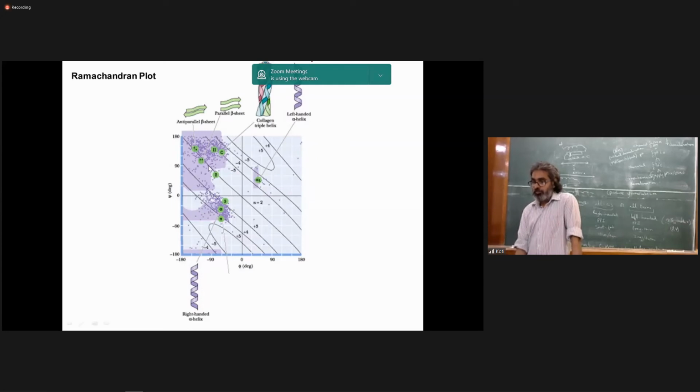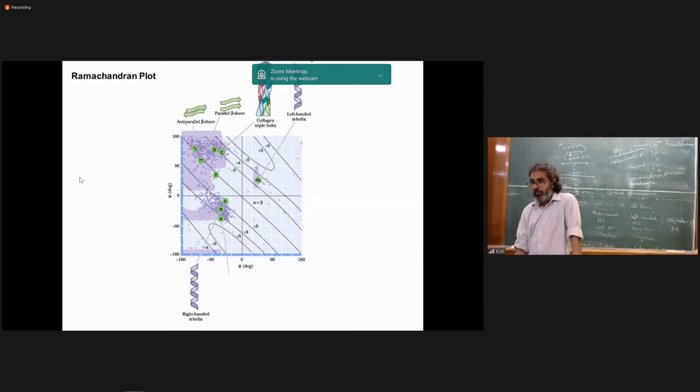This picture shows that you have a line showing n equal to 2. If your phi and psi fall on this line, then you don't have handedness. But the moment you are off this line, then you can really talk about handedness.